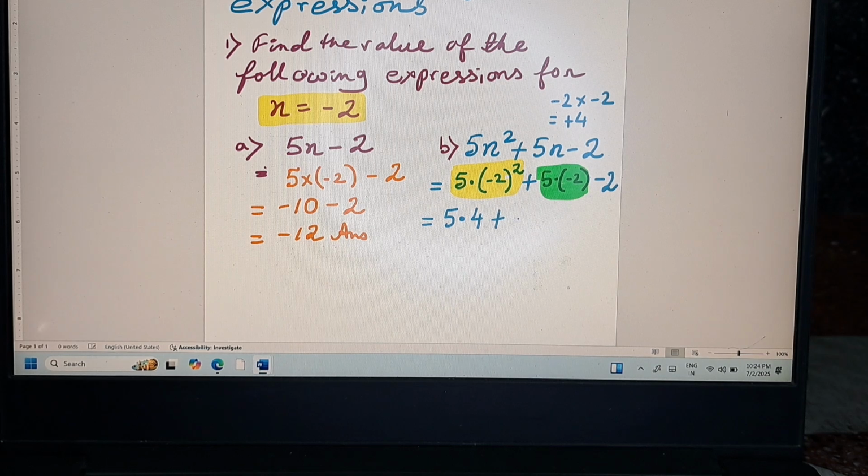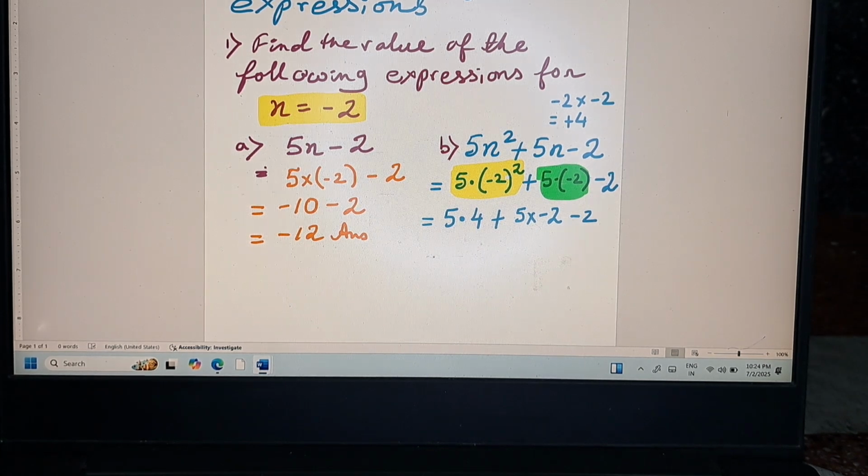Second part of the expression: 5 multiplied by minus 2. So let us write 5 multiplied by, I am removing the bracket, minus 2, then again minus 2. Now what is happening here?